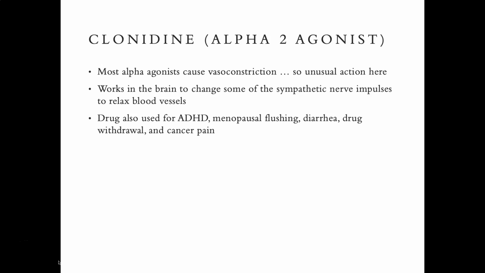Clonidine causes vasodilation because it works on relaxing those blood vessels by changing some of those chemical messages. So know that clonidine is an antihypertensive, even though it's an alpha agonist. It's very unique in how it acts. All other alpha agonists cause vasoconstriction, but not clonidine.